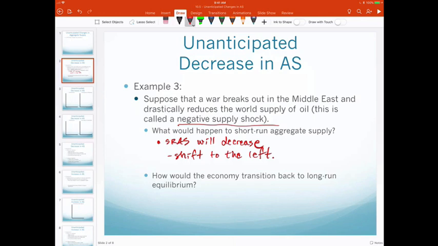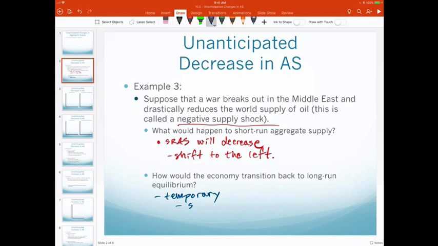Now, it turns out, with this example, there are two ways it could transition back, okay? So if this supply shock is temporary, that is, if cooler heads prevail in the Middle East and everybody realizes, we didn't really mean to fight, and the war settles down and goes away, then those resources become available again, and that short-run aggregate supply curve just shifts back to where it was.